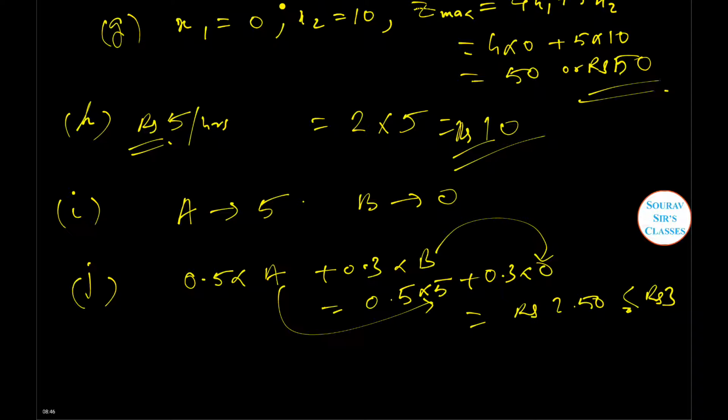Since the product would yield a profit of rupees 3 per unit, which is more than rupees 2.50 by 50 paise, it is advisable to introduce it. This was all.